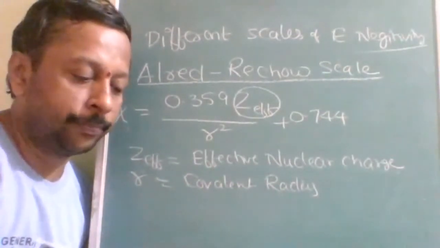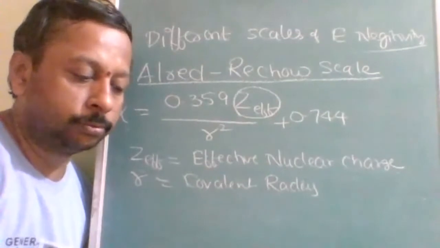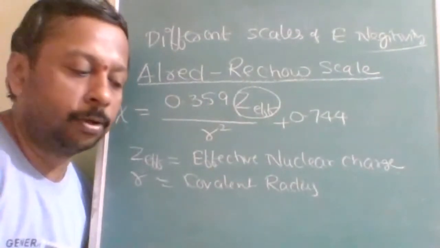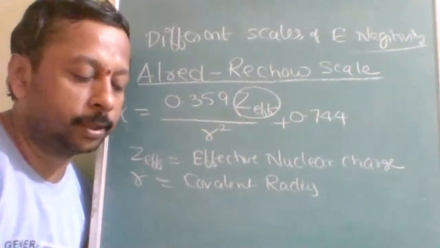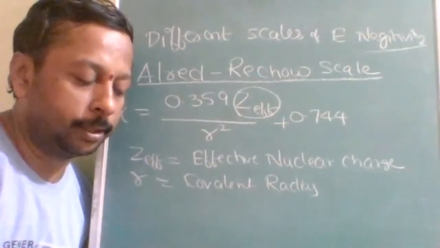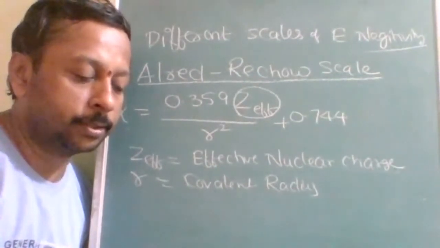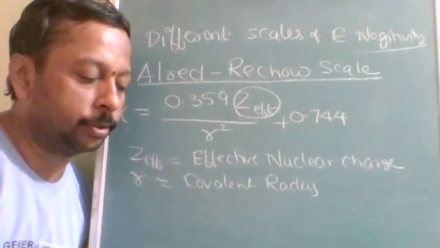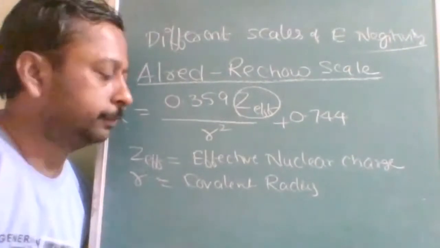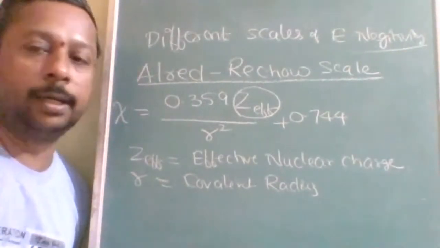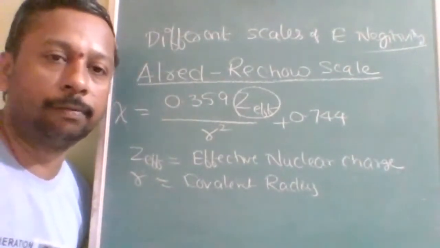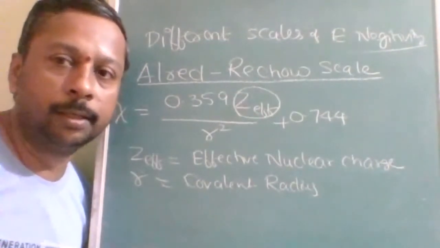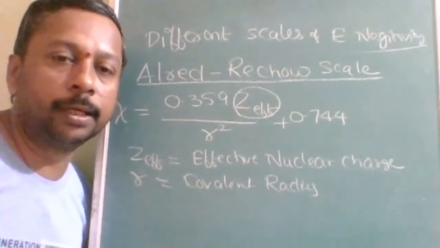Because we have a chance to find out three radii. What are those? Metallic radius, covalent radius, and van der Waals radius. So here, which one should you substitute? You should substitute the covalent radius, because we are going to find out indirectly the ionic or covalent character only.